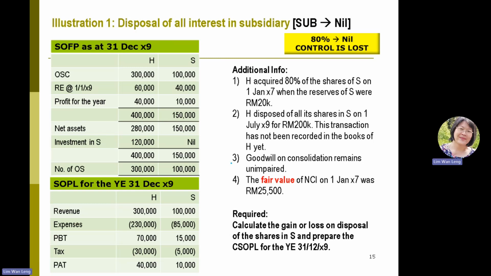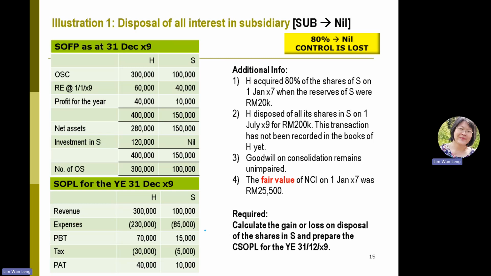So have a quick look at this particular simplified SOFP, SOPL. I try to squeeze everything in for easy explanation. So I would not suggest you print the notes in 6-in-1, 8-in-1, 10-in-1.